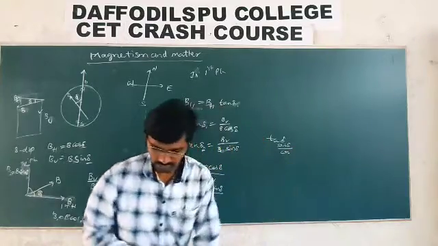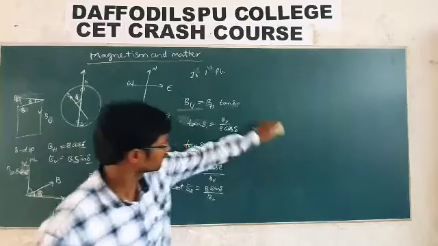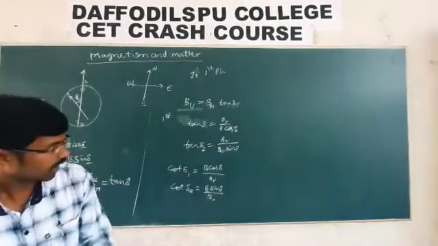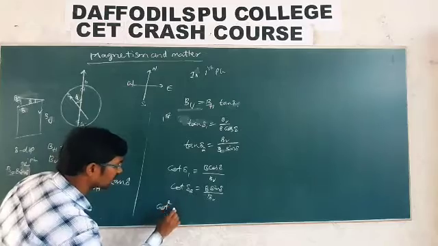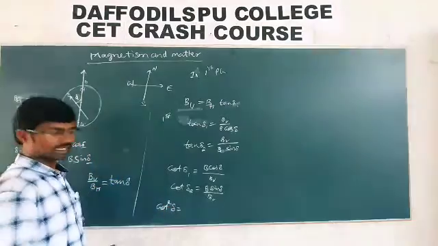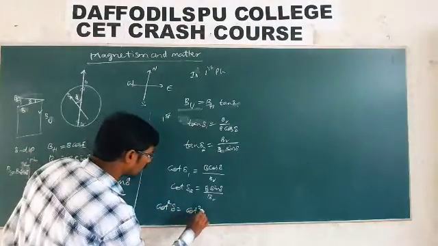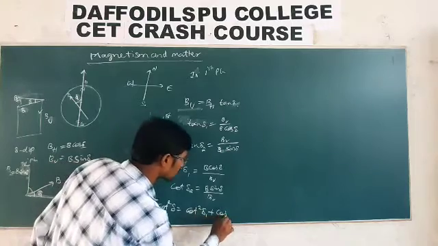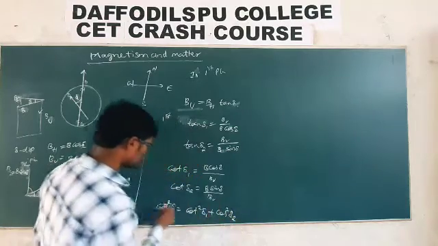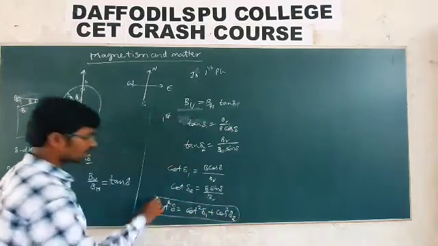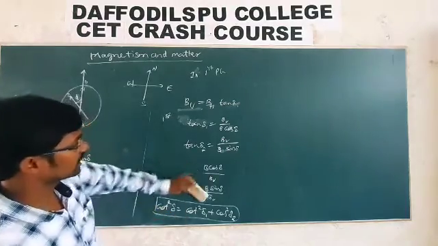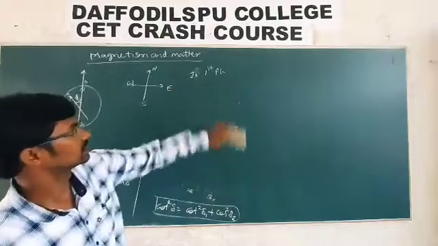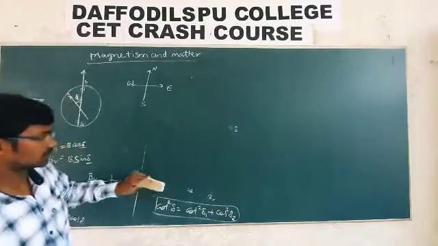On deriving this, we get the angle of dip of the resultant: cot square delta is equal to cot square delta 1 plus cot square delta 2, to get this resultant magnetic field.